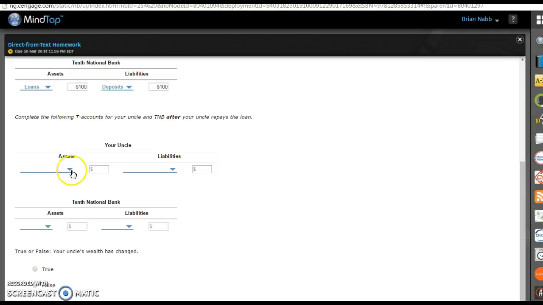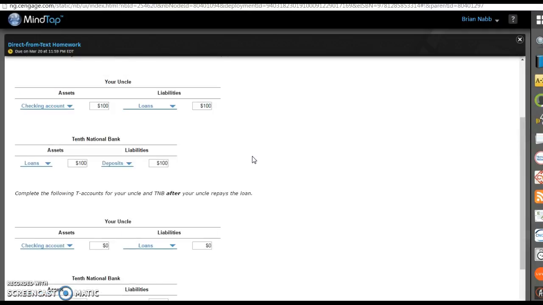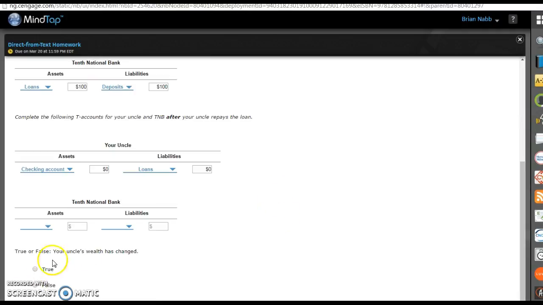I'll give you a clue to the first one. His assets after he pays off the loan will be 0, and his liabilities will be 0 as well, because he paid off the loan, and his net worth is still 0. So your uncle's wealth has changed, and same for the bank. Their assets is 0.